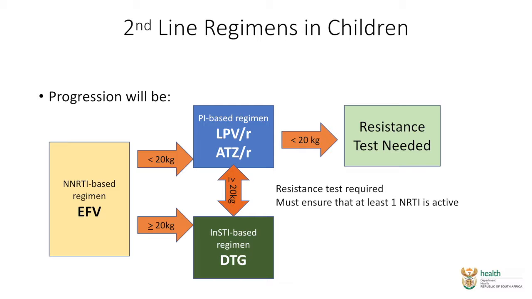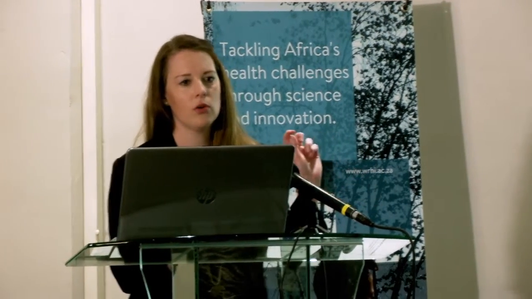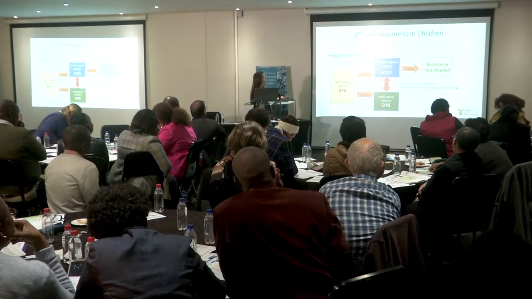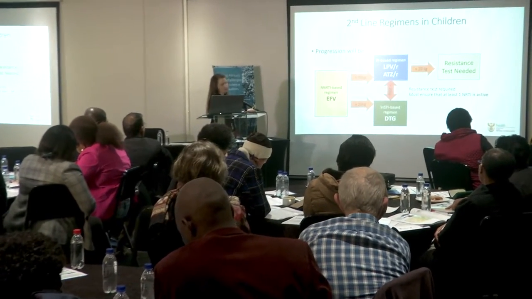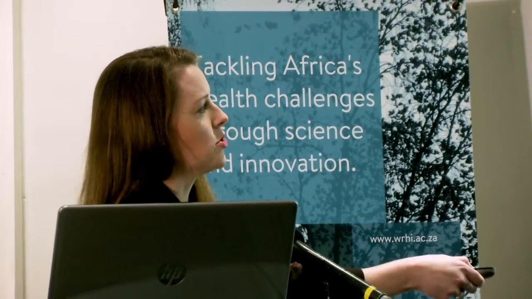Okay, so this is what we were talking about earlier. So you can't just easily switch from lopinavir, ritonavir to dolutegravir without knowing if your NRTIs are active or not. Then if your patient is still under 20 kgs and they are failing this, we do a resistance test. And that's as we used to already.